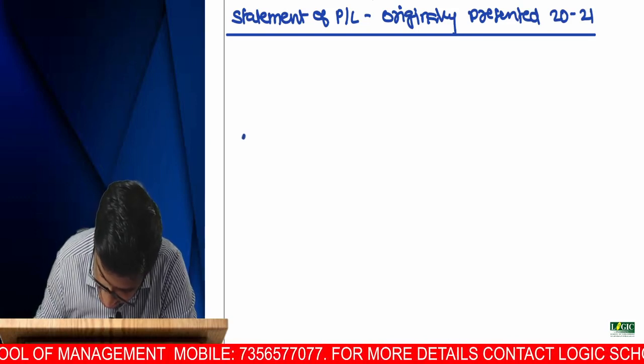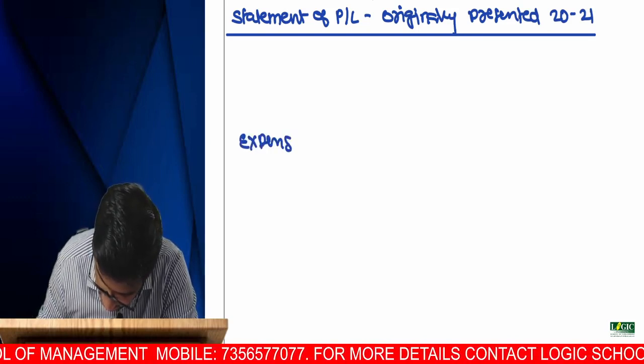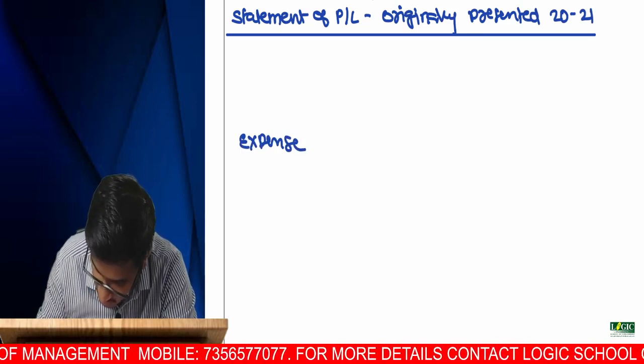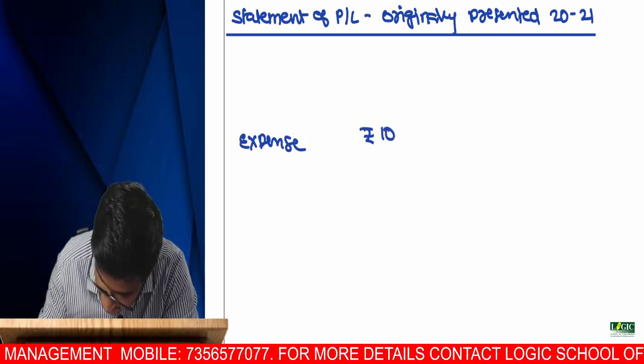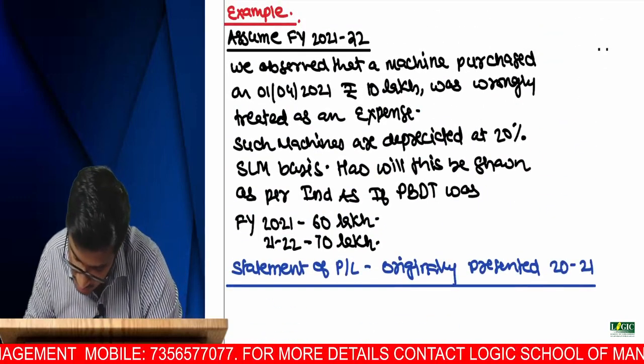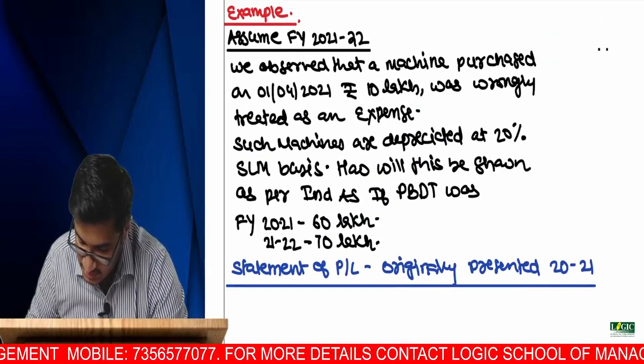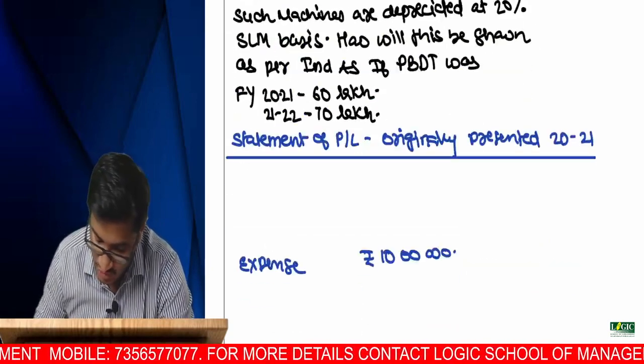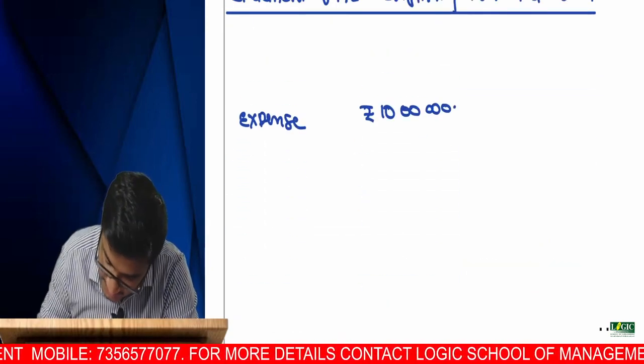They would have shown that expense. A machine which was purchased was shown as an expense of 10 lakh. This is a mistake.